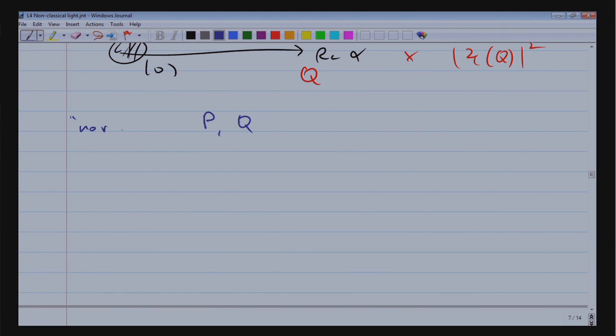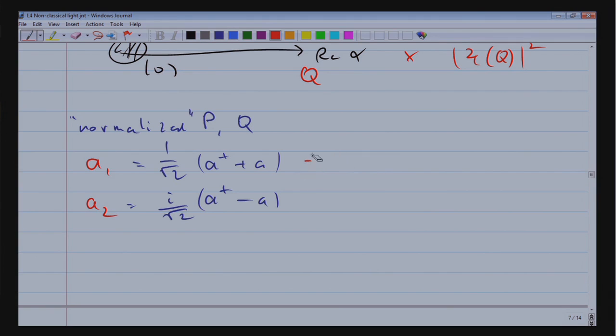Let me therefore emphasize what are the normalized forms of P and Q. If I do the symmetric and antisymmetric combination of the annihilation and creation operator, with 1 over square root 2 or i over square root 2, I call those a1 and a2, and they are nothing else than Q and P normalized by the characteristic momentum or spatial coordinate of the harmonic oscillator.